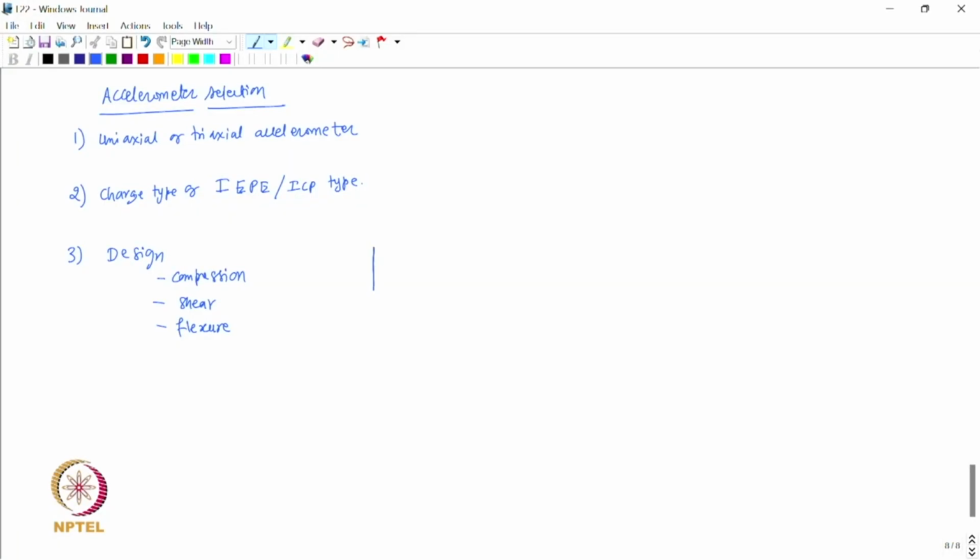So, let us quickly sketch it. Okay, and let us sketch the shear design.